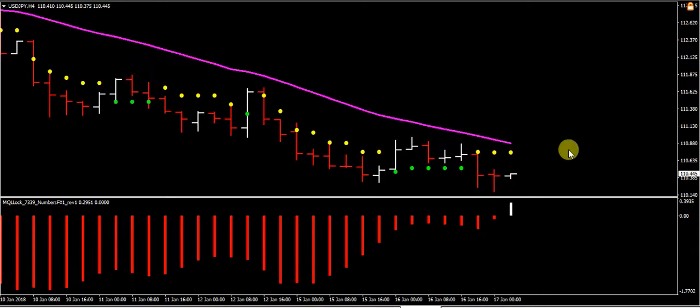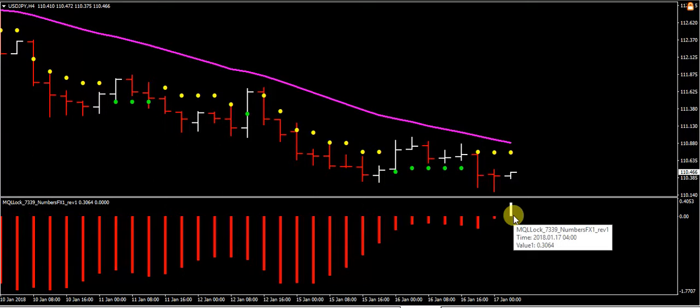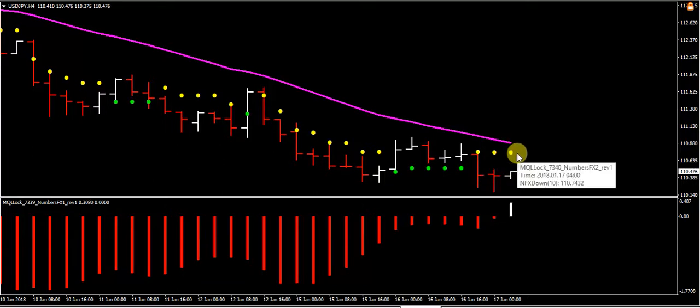And dollar yen. Yep, nice downtrend. It's gone a little bit flat here, and there's nothing really. We got a bullish bar here, but I'm looking to go bearish.